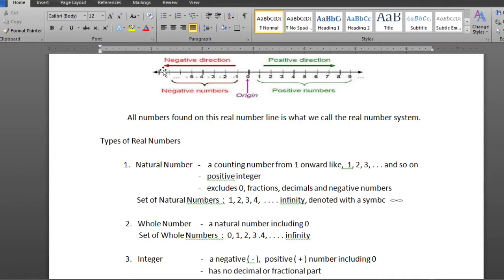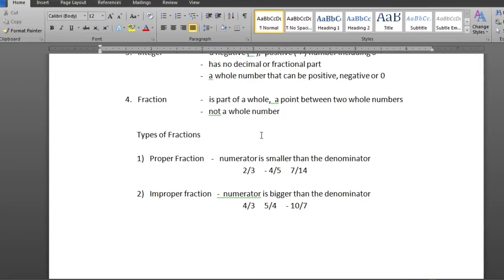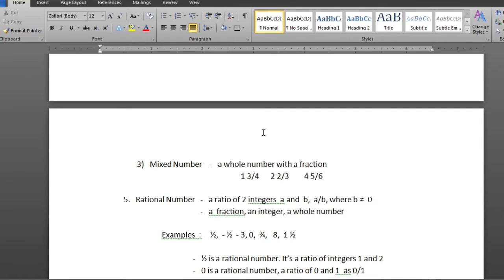So all numbers from the left to the right, including fractions, are what we call rational numbers. We have examples here. We have 1/2, negative 1/2, negative 3, 0, 3/4, 8, 1 and 1/2.